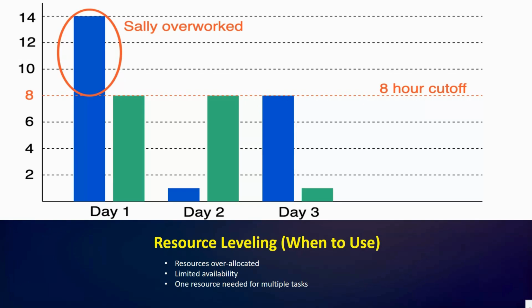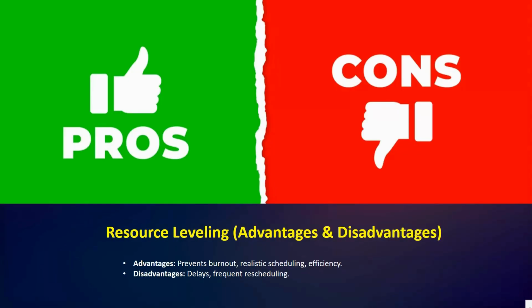When resources are limited in availability and cannot be replaced or supplemented. And when a single resource is required for multiple tasks at the same time, creating unavoidable conflicts. In these cases, resource leveling helps to create a more realistic and manageable plan.